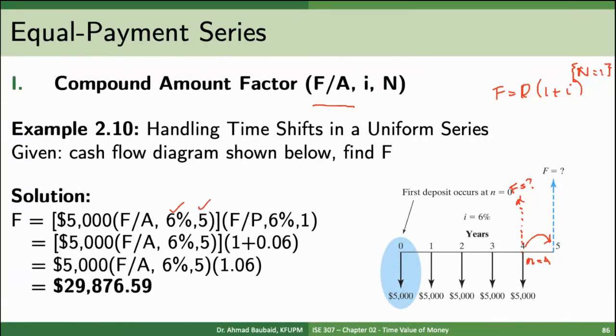You have 5 payments, 1, 2, 3, 4, 5, and so that's why this number here is 5. And then you take that sum, whatever it is, and you apply 1 plus 0.06 to the power 1 to it, because you're moving it 1 time period at the end. And you get this answer. And I encourage you to verify this solution by checking what happens if you move each individual payment 1 by 1. You should get the same answer.